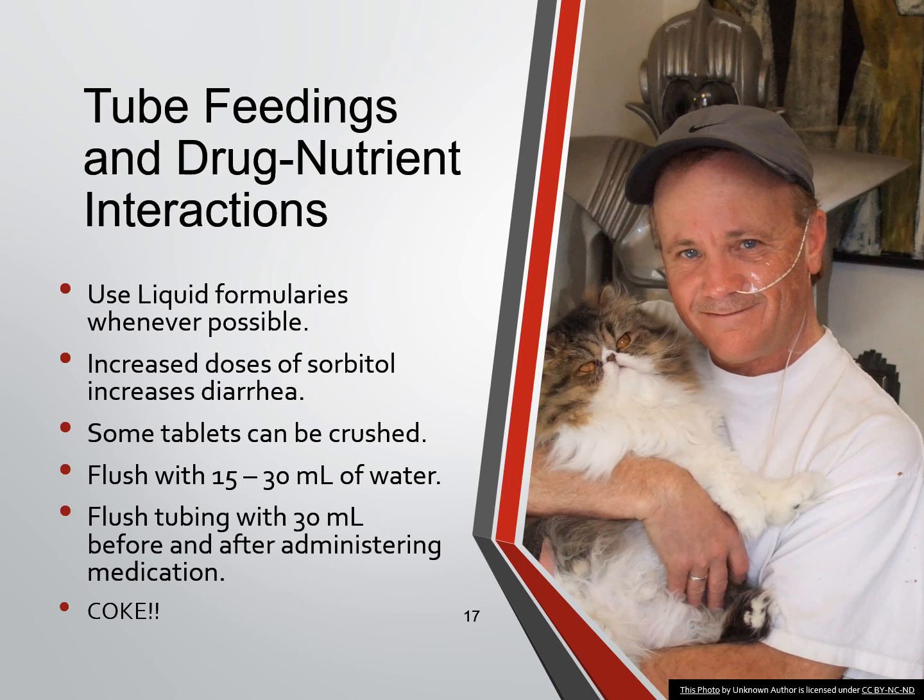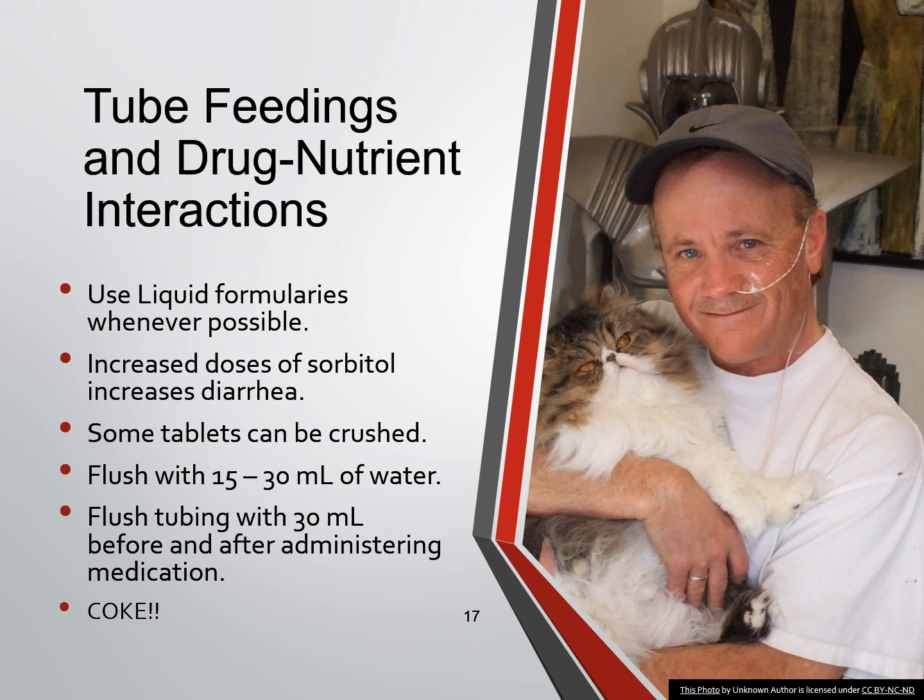You can contact the pharmacy to determine what is on their formulary. If they do not have it available or the pharmaceutical company doesn't make a liquid formulary, then if it's in tablet formulary, tablets can be crushed.